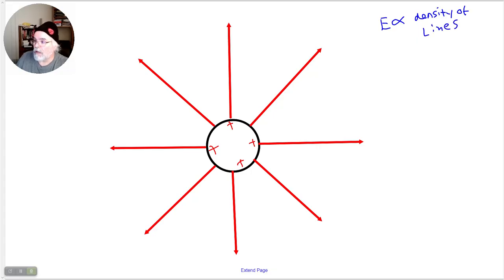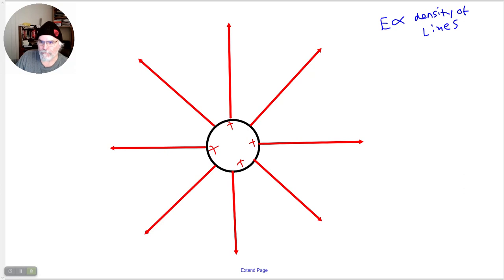How close together the lines are. Increased density of lines, increased field strength. Decreased density of lines, decreased field strength. So here at the surface, those field lines are all the same distance apart, right? Same density of lines. That's an equipotential surface.